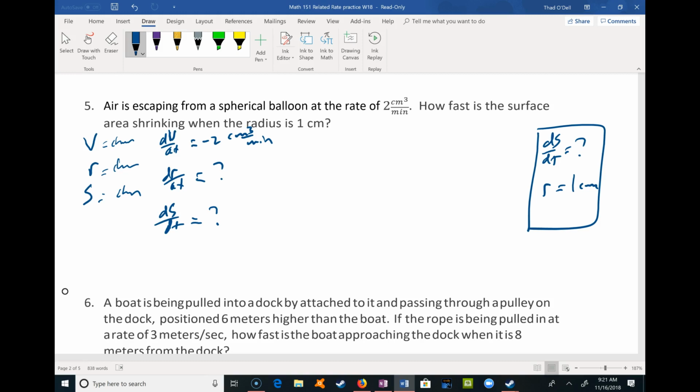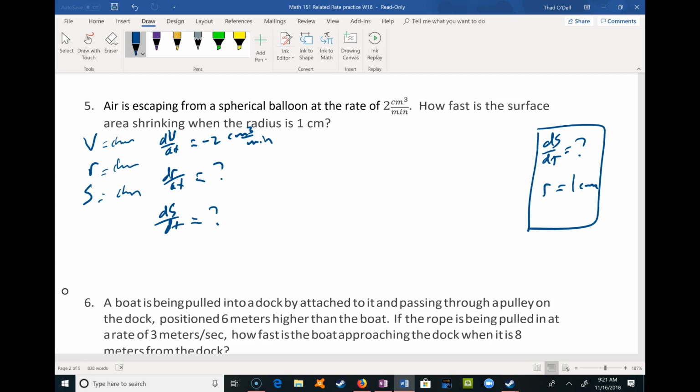Okay? So let's write an equation. Anyone got an equation for me? Anyone remember the surface area equation from yesterday for a sphere? That's the volume equation. I'll take that.